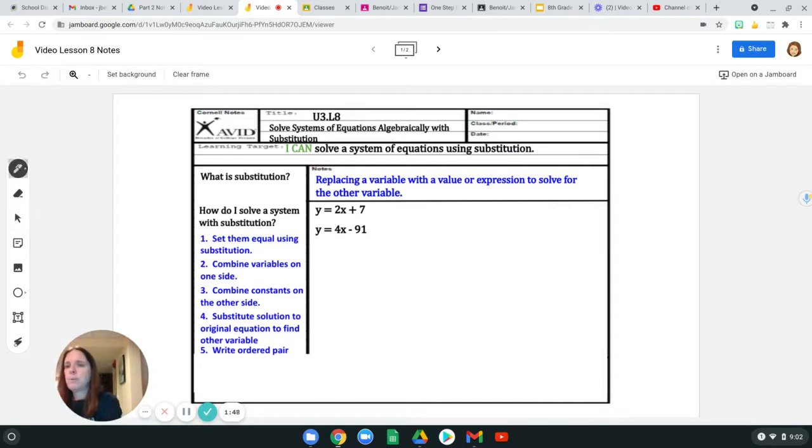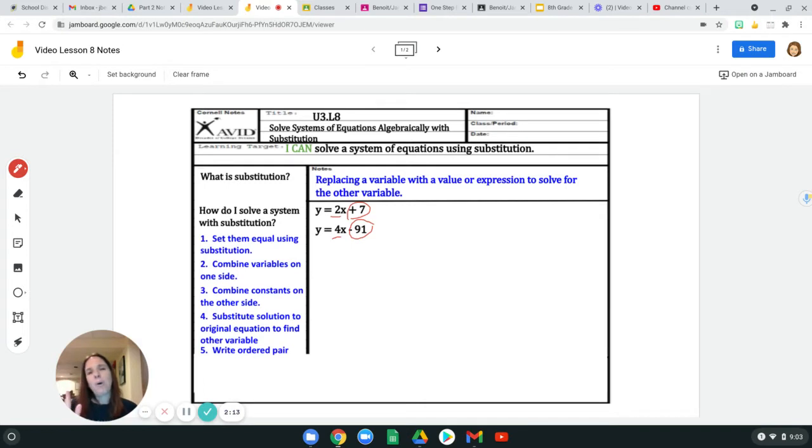Remember, you find the slopes in front of the x. So the first linear equation has a slope of 2, and the second one has a slope of 4. Different slopes, different y-intercepts as well. 0, 7, 0, negative 91. Those are way different.